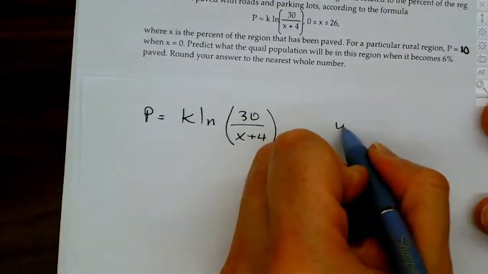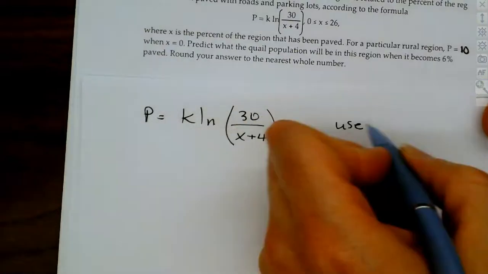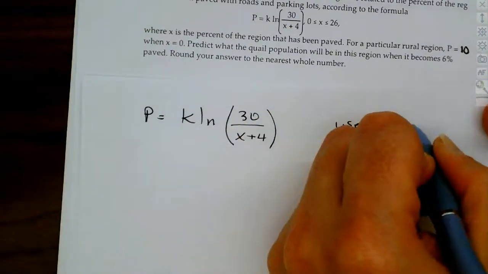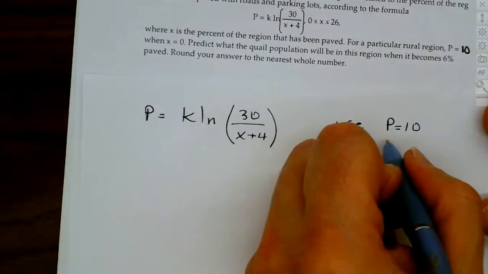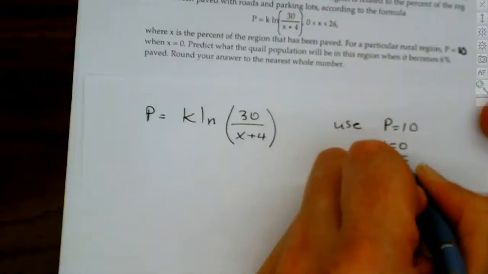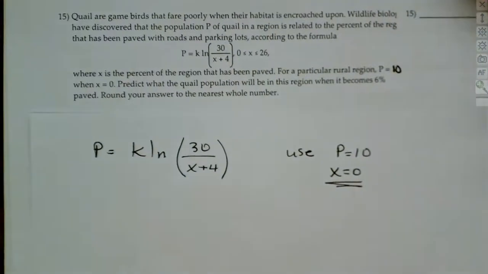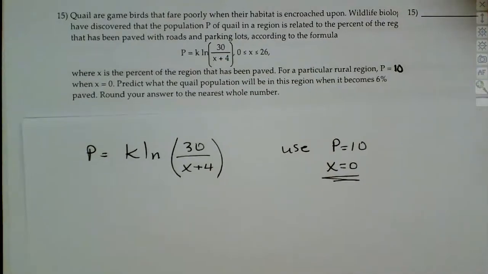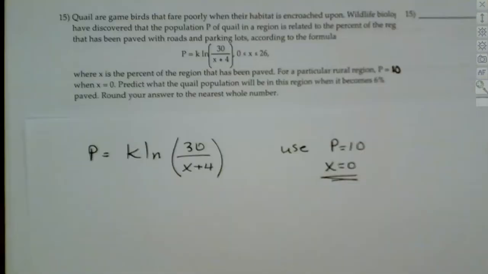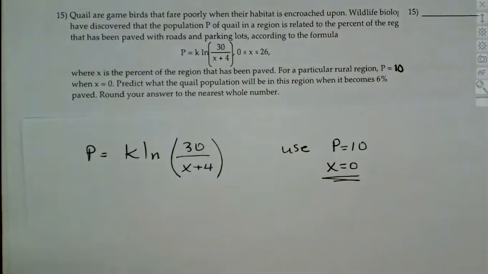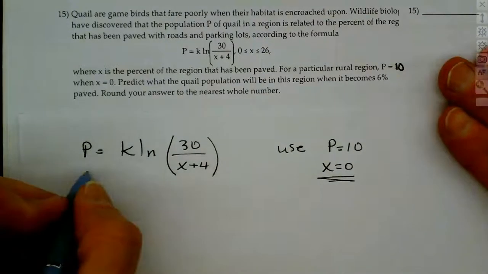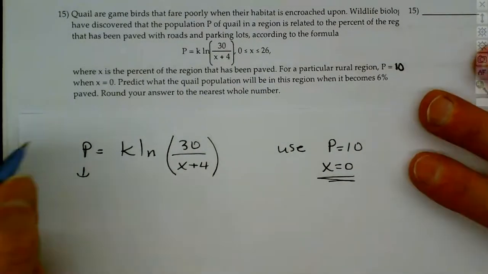In this case P equals 10 and x is 0, because that is before any of this land was developed. So this is the number of quail in undeveloped land. We're going to plug in our values and find our K.